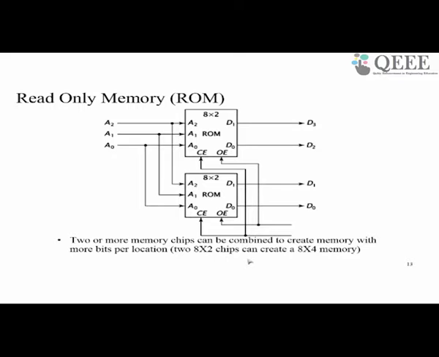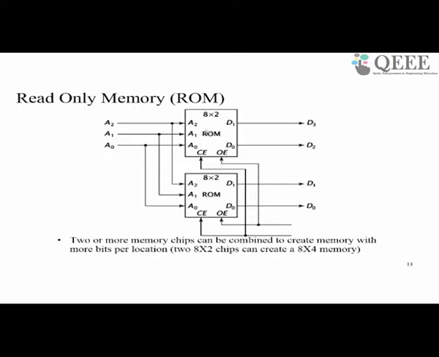Then the next thing that we will see is, suppose we have a ROM, or for that matter even a RAM, how do we combine a number of such modules to have a larger memory which has more address locations or a larger data width? Now let us say we have 2 ROMs. We are interested in putting 2 or more memory chips together to create more bits per location.